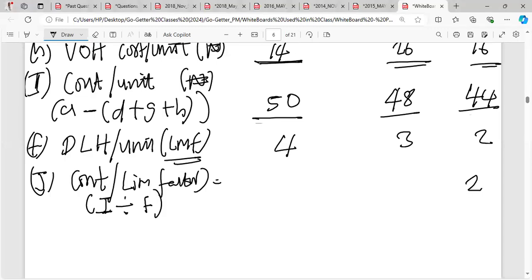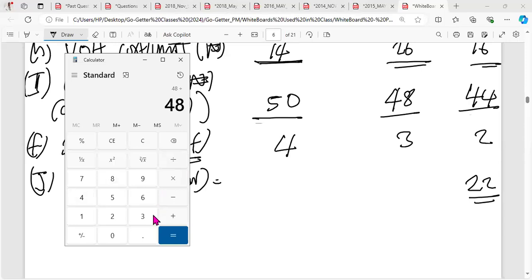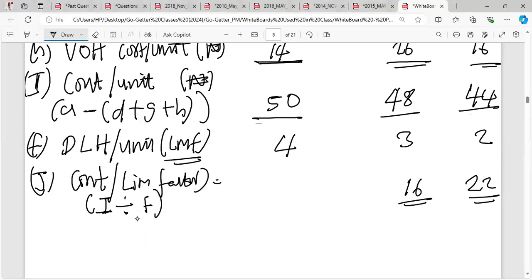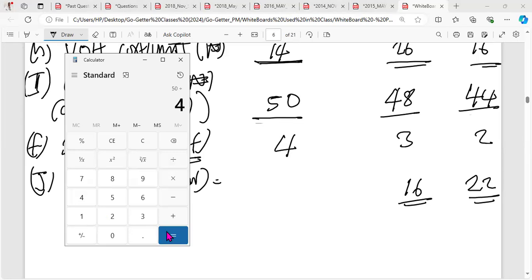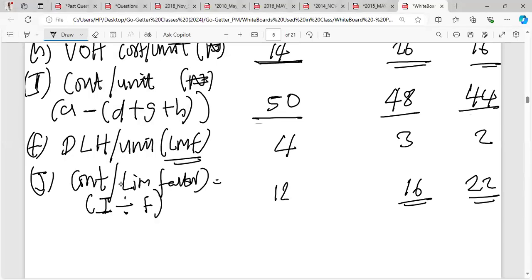So this is 22. I will do it from right to left. 48 divided by 3, that gives me 16. And the last one, 50 divided by 4, that gives me 12.5.